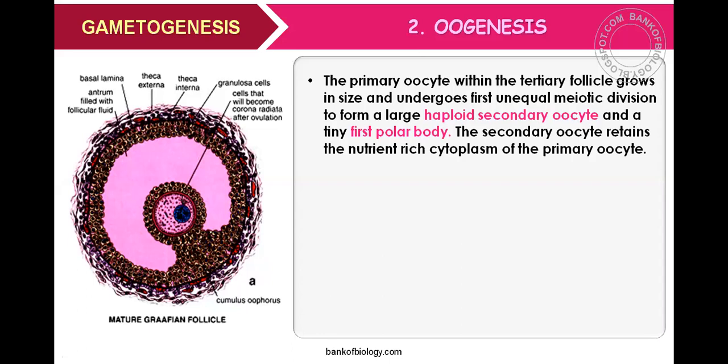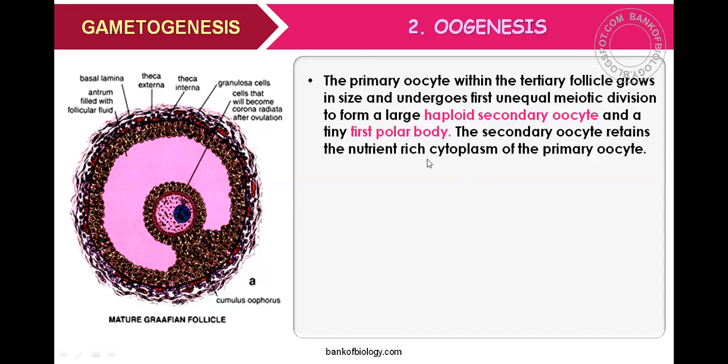Formation of primary follicle to the tertiary follicle, development of the primary oocyte into the secondary oocyte, that we can say. But अगर statement ऐसा पूछे तो primary oocyte within the tertiary follicle grows in size, undergo first unequal meiotic division to form a large haploid secondary oocyte and a tiny first polar body. अगर statement ऐसा है तो सही बोल सकते हैं because एनसीईआरटी में ही बोल के.